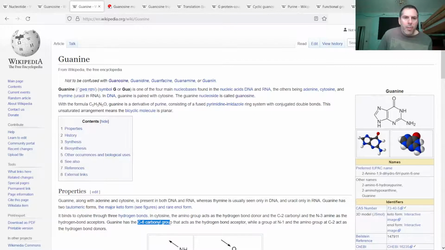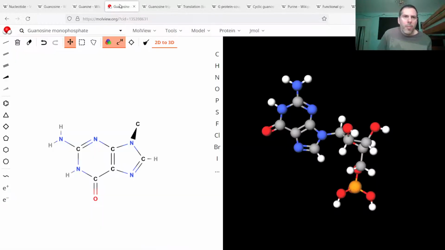C6 carbonyl group and C2 amine group at C2, and then N1 is going to also form this hydrogen bond to another nucleotide.